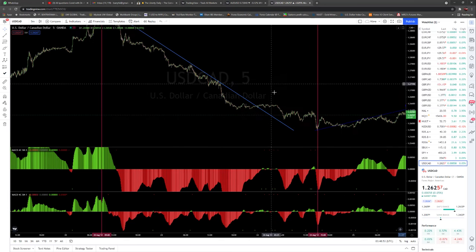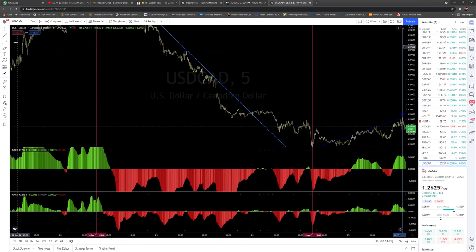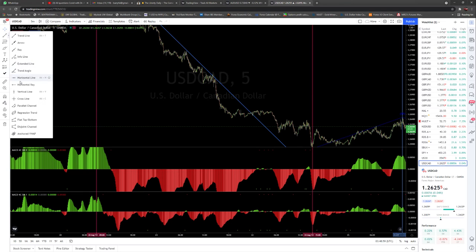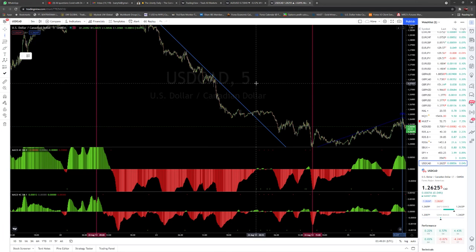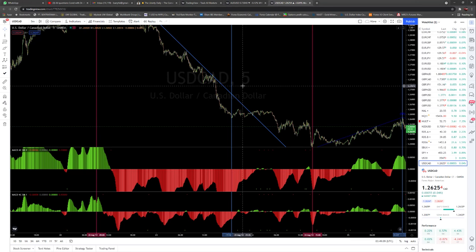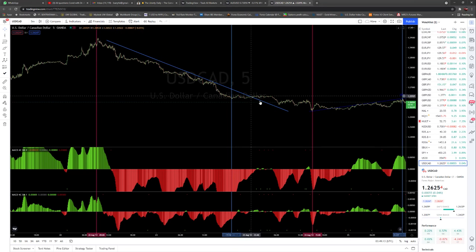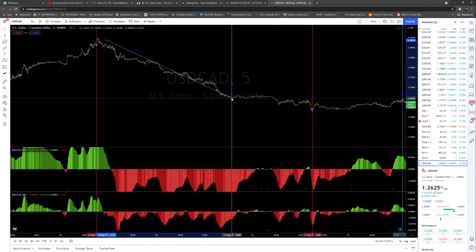Need to do this so that we don't mess up. Okay. Starting from the crossover, go left to find the lowest point. So that's the lowest point.